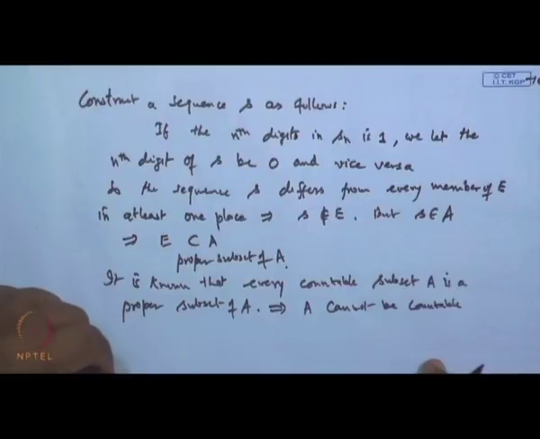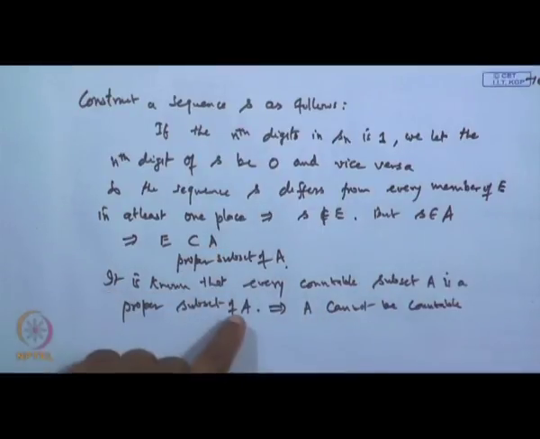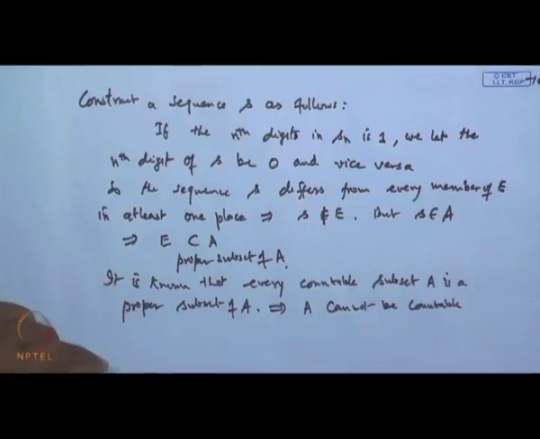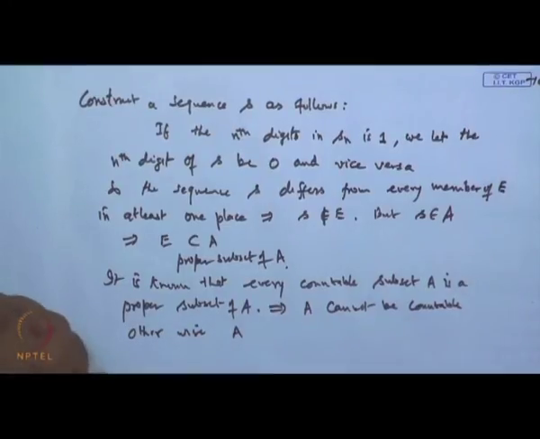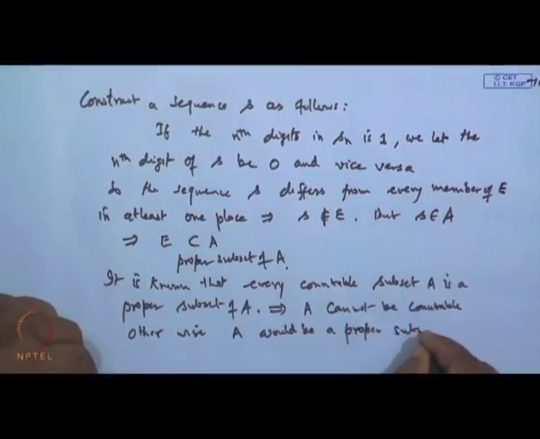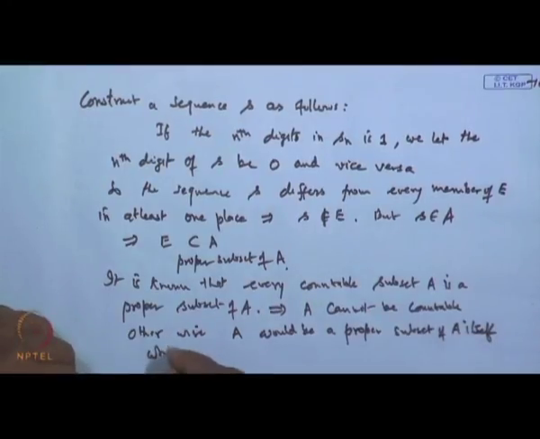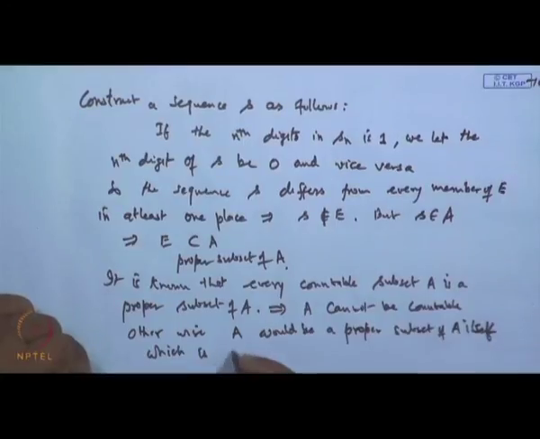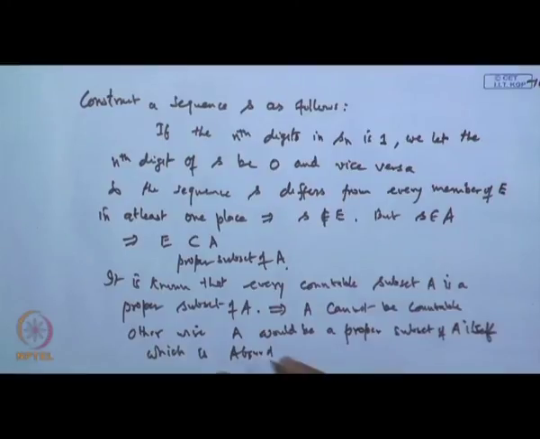Because if A is countable, then here itself we are getting a contradiction, is it not? Otherwise, A would be a proper subset of A itself, which is absurd, because a set is a subset of itself but cannot be a proper subset.